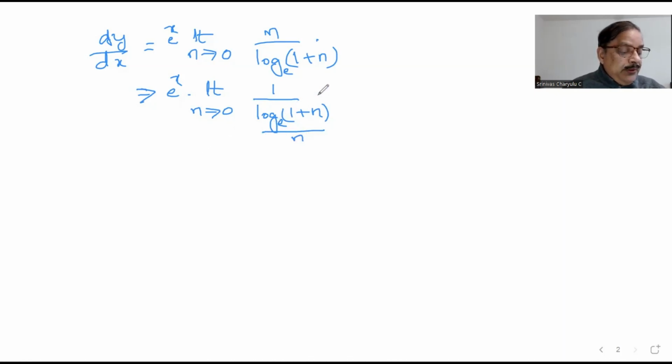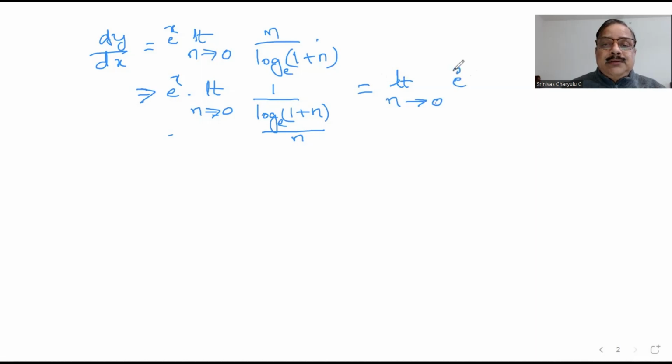This one you can again write as limit delta x tends to 0, limit n tends to 0, because delta x we substituted back with n, remember.